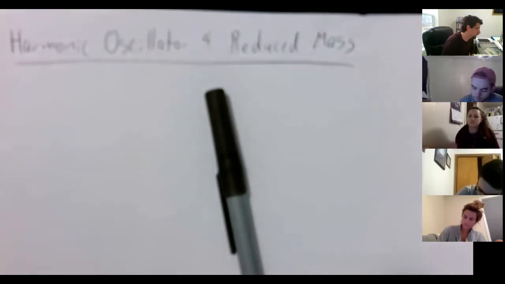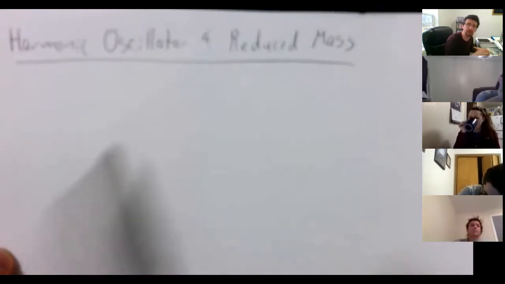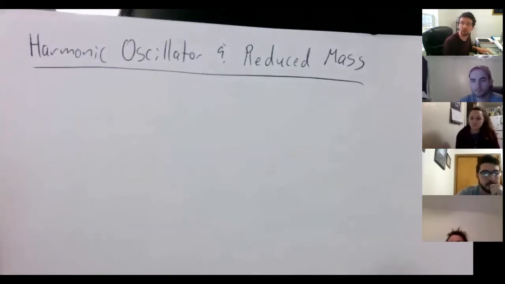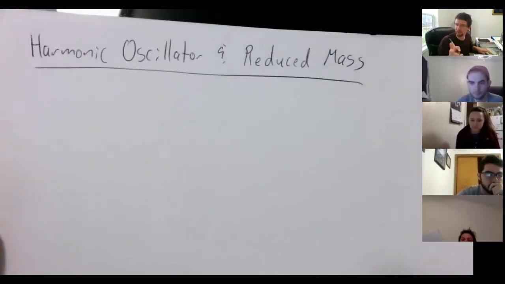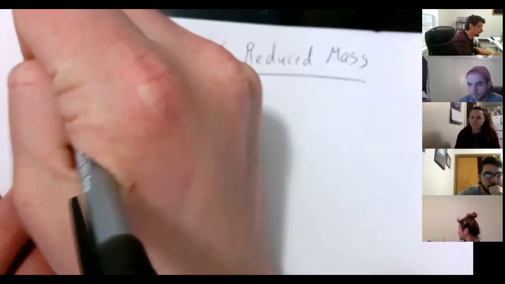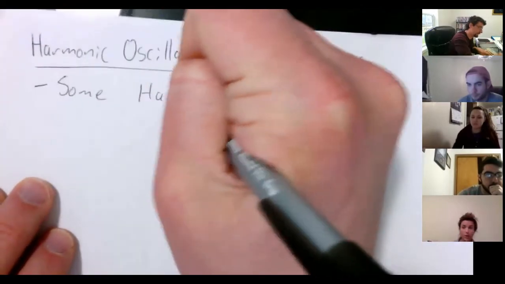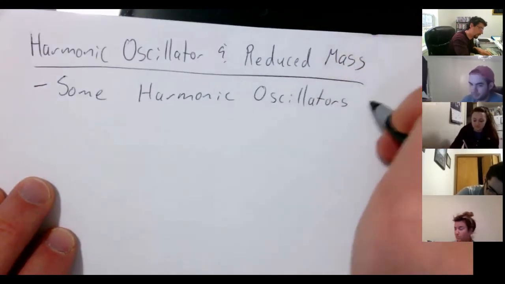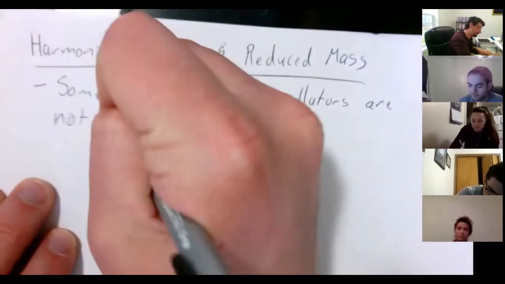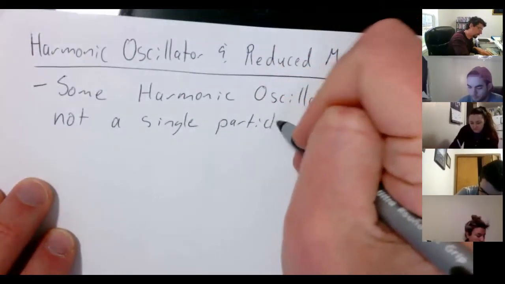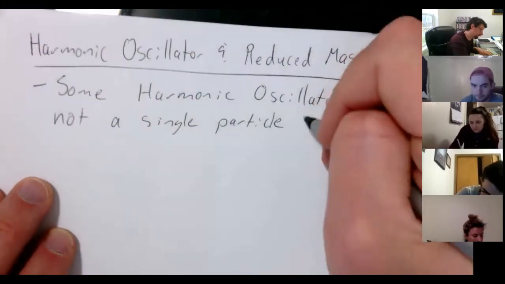And we're going to talk about how we move from a single particle harmonic oscillator like we've been doing to one where we have two atoms in there, like nitrogen or diatomic oxygen and so forth. So some harmonic oscillators are not a single particle. That's just moving back and forth.